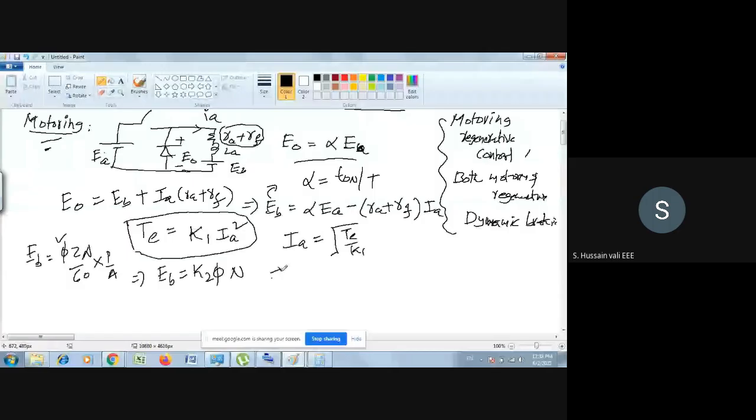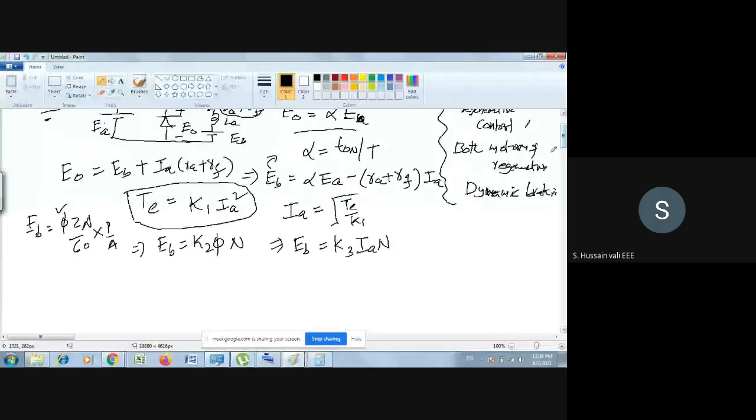So we will write that. Everything will be substituted here. I will replace EB with this: K3 into IA into N is equal to alpha EA minus IA into RA plus RF.